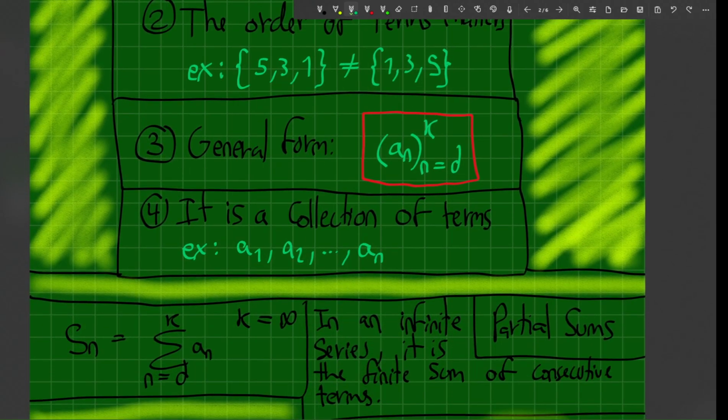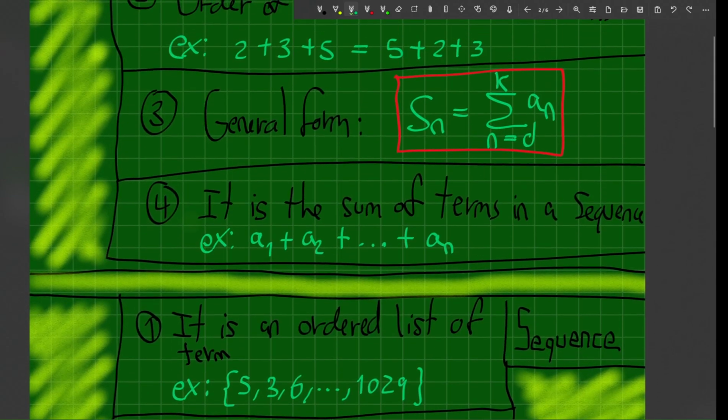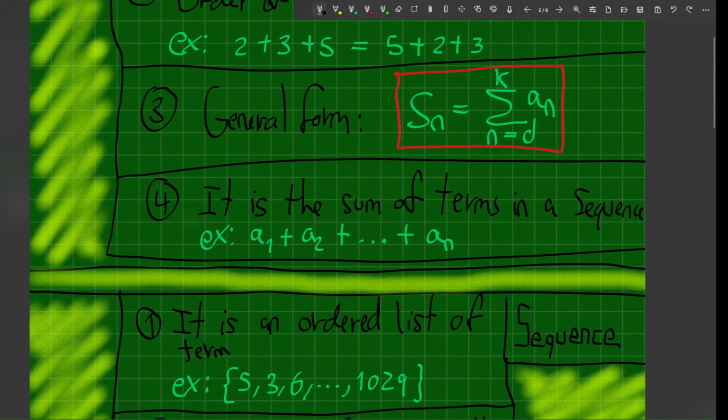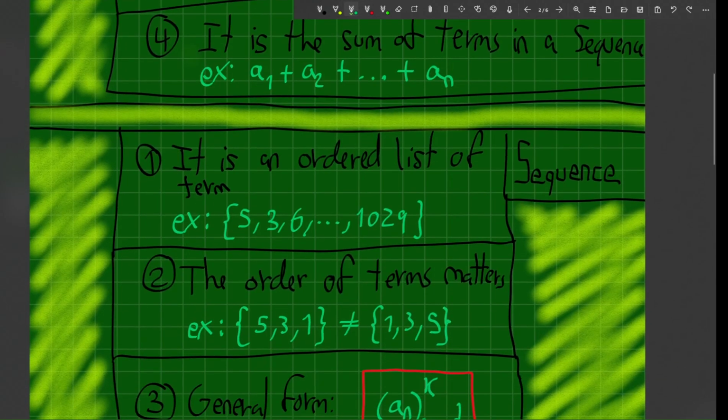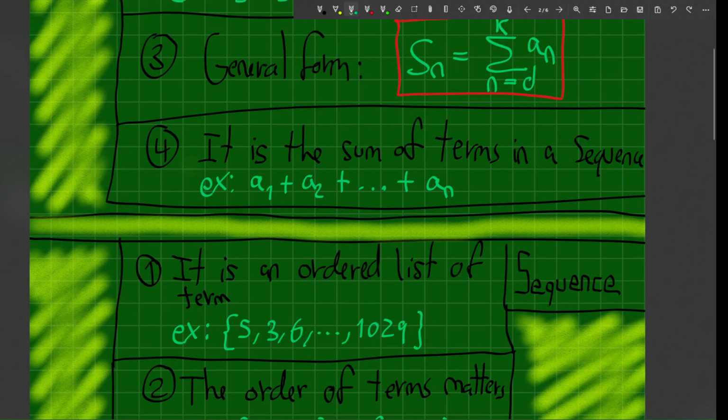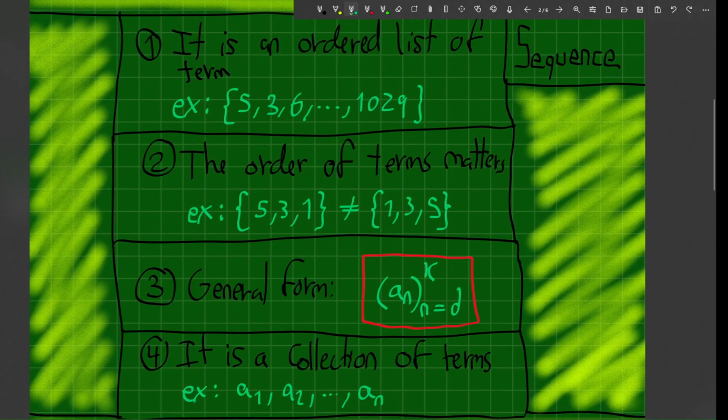So the general form, which is to say the formula of the sequence, is similar and still uses the same terms as the series. We have an A, the term, and then we have n, which is the iteration.